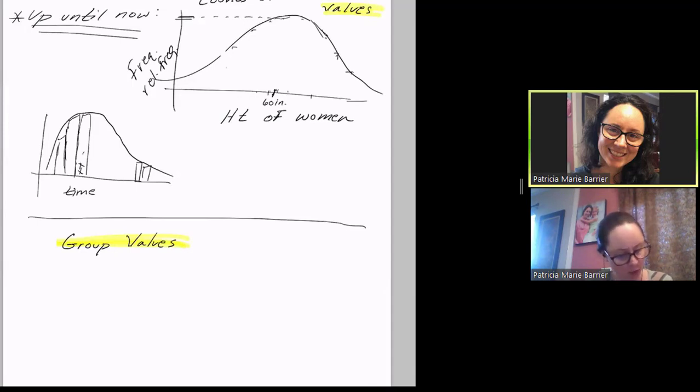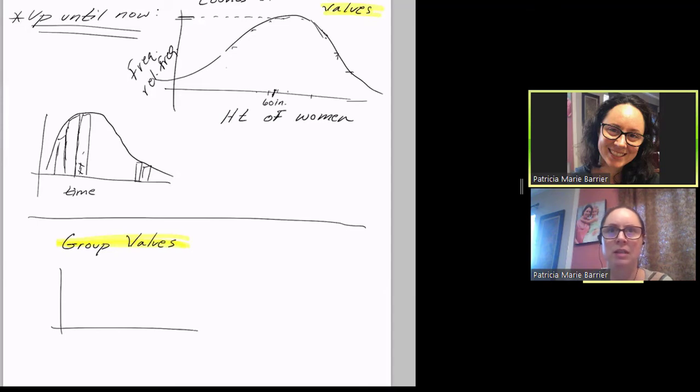And so what I mean by group values would be, if I were talking about the height of women, I might say, okay, instead of looking at individual heights, what about the descriptive feature, the sample statistic that I might be interested in, using that to predict some population parameter. If I'm looking at height, average would make sense, right?